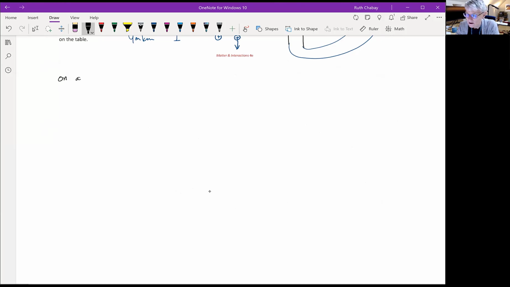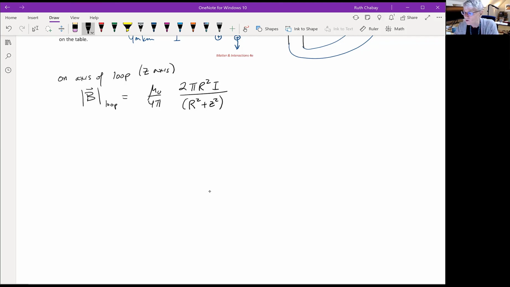So on the axis of the loop, the magnitude of the magnetic field of a single loop comes out to be mu 0 over 4 pi, 2 pi r squared I over (r squared plus z squared), on the z-axis, where r is the radius and I is the conventional current.